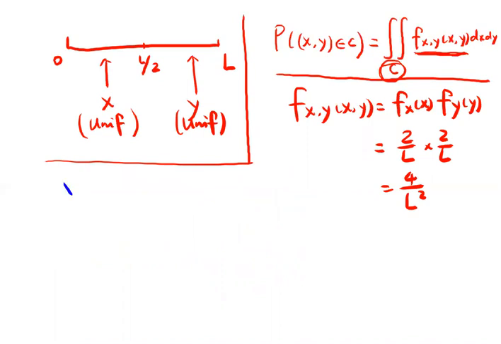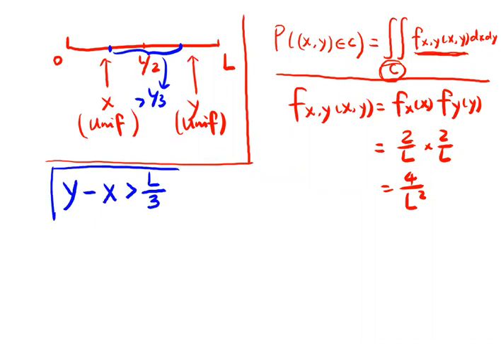So if you translate that into mathematical form, it's y minus x, which tells you the difference between these two. You want this to be greater than L over 3. Okay, so if x is here, y is here, you want this to be more than L over 3.